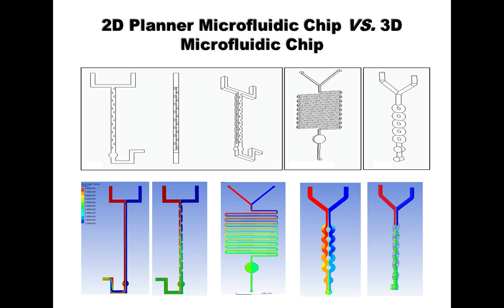Through the simulation, you can see the two flows go through the Y-shaped channel, and the two flows do not mix at all. But if we simply turn the stack ring by 90 degrees, which changes the third dimension, it generates a local change in the third dimension with the z depth change.